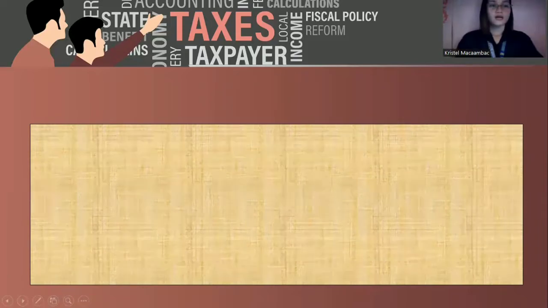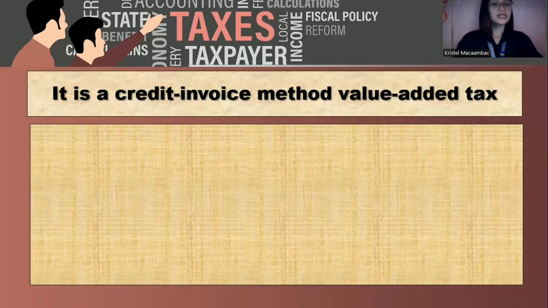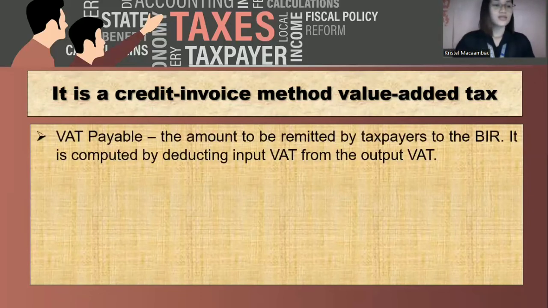So the number 4 characteristic states that it is a credit invoice method value added tax. So what does that mean? There is what we call VAT payable, and that VAT payable is simply the difference between the output VAT and the input VAT. When the output VAT is greater than the input VAT, we will have that VAT payable.